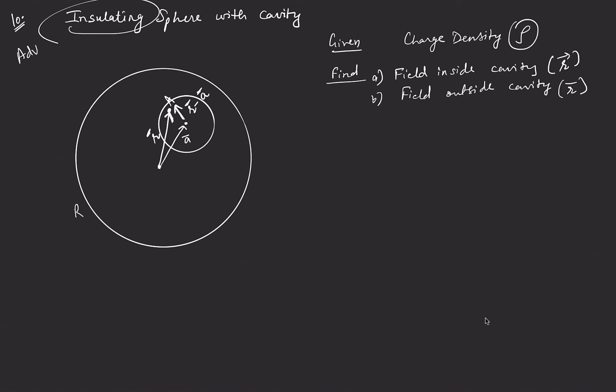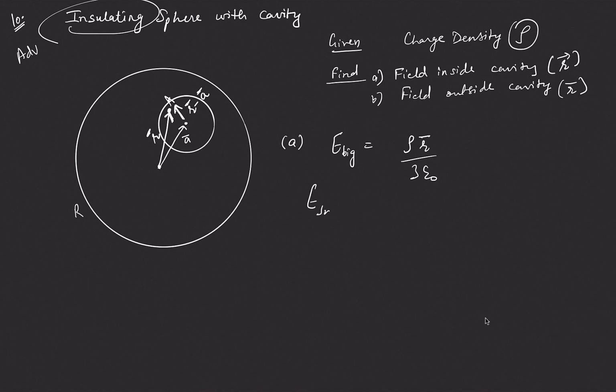So let's do part A. If you are not able to understand the question so far, please feel free to skip it. For part A, the electric field due to the big sphere is rho r vector by 3 epsilon naught, where r vector is shown in the figure.